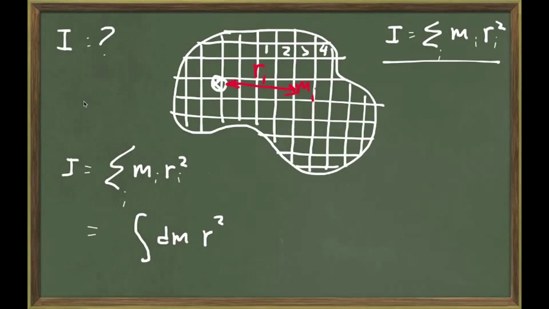We're not going to go into the details of how to calculate these integrals. Whenever you need the moment of inertia of a continuous distribution of mass, like a disk, cylinder, square, whatever it is, you can look it up in the table in the book. But what's important is to understand how to calculate the moment of inertia for discrete masses, and the principle behind the calculation for the continuous distribution of mass.